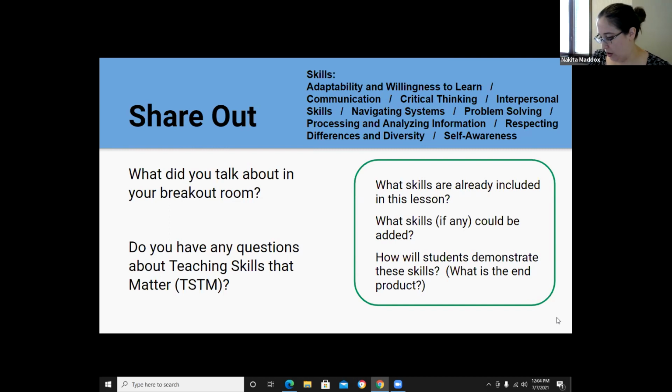We talked about how, if you're using the TSTM toolkit, they have a vocabulary language demands section at the beginning that tells you what things you may need to pre-teach, but there may of course be other things you need to clarify for your students going into the lessons. And then Telly gave some good examples of how he used an Einstein quote in his classroom. Telly, I don't know if you want to give a summary of that.